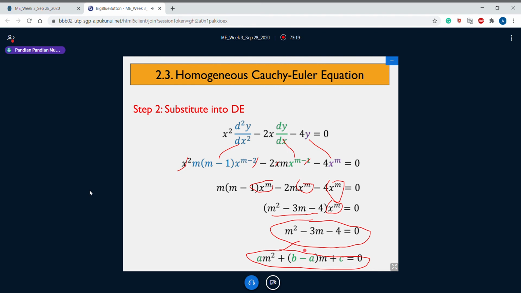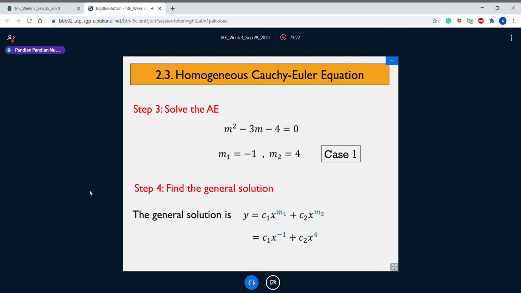This is a quadratic equation, and we try to factorize this. If you factorize, you will get (m plus 1) multiplied by another bracket (m minus 4) equals 0. Here it is not shown; this kind of thing you have to do as your own exercise.